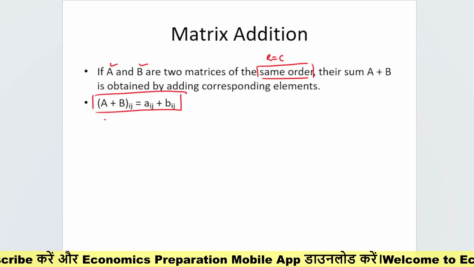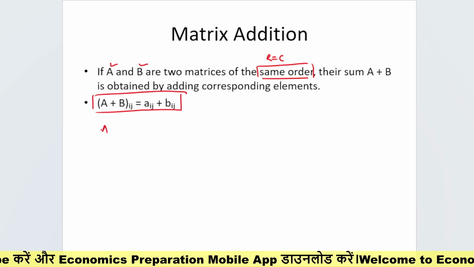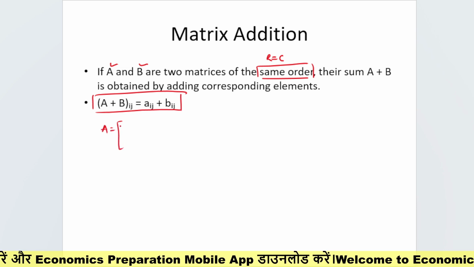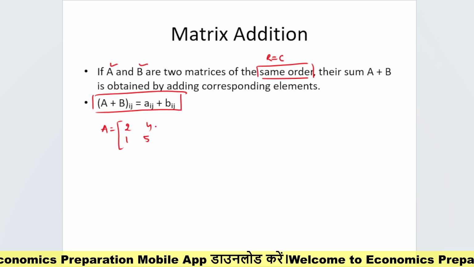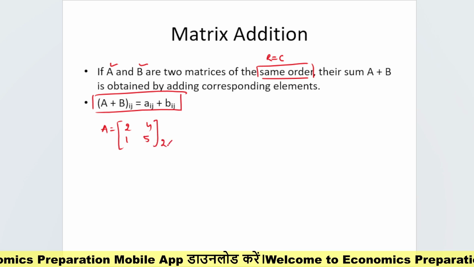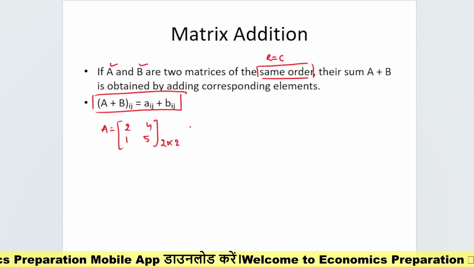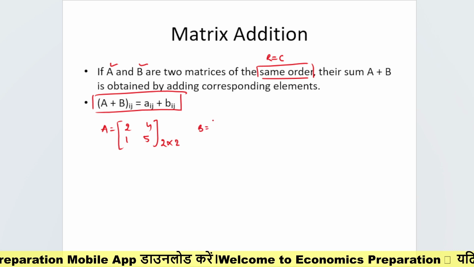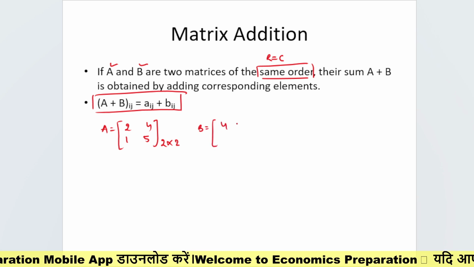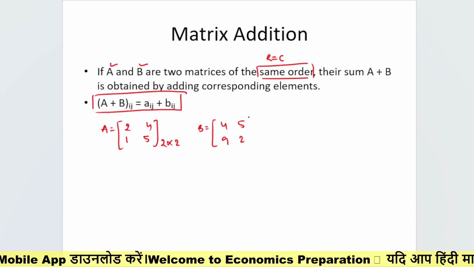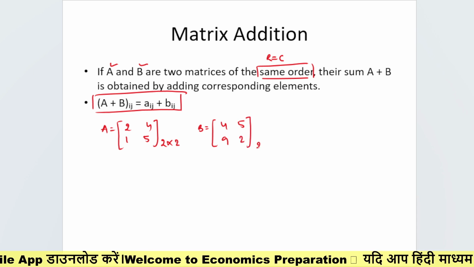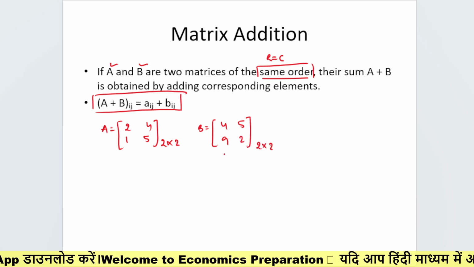What does it mean? It simply means, suppose for matrix A I have 2, 4, 1, 5, and it is a 2 cross 2 order matrix. Okay, and another matrix B is like 4, 5, 9, 2. This is again a 2 cross 2 order matrix, beta.